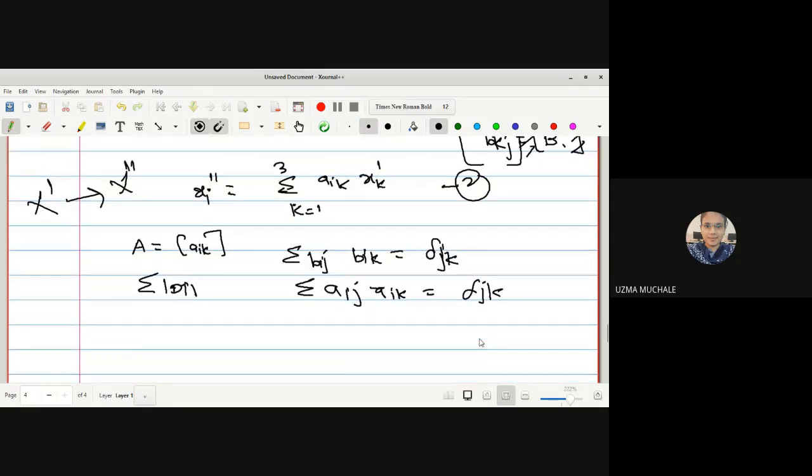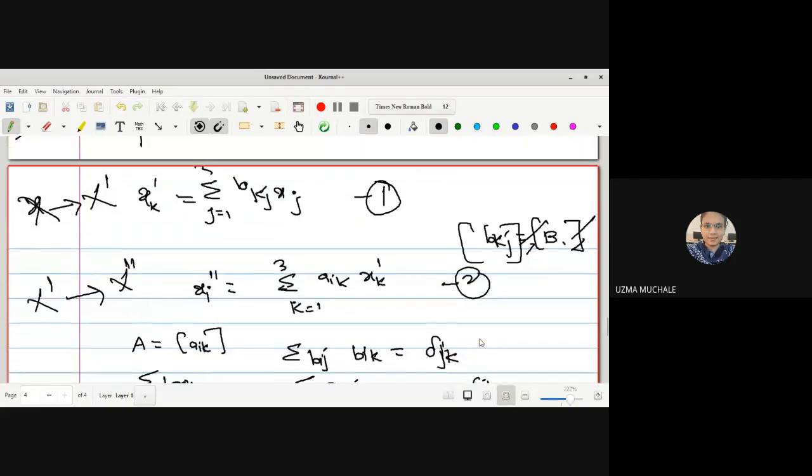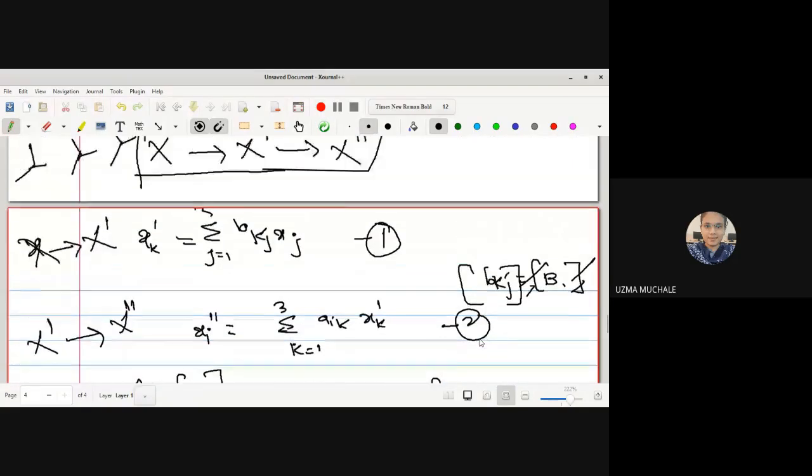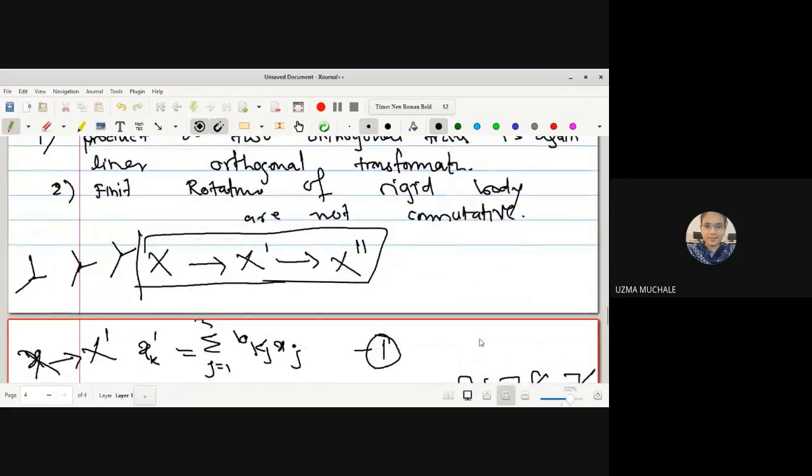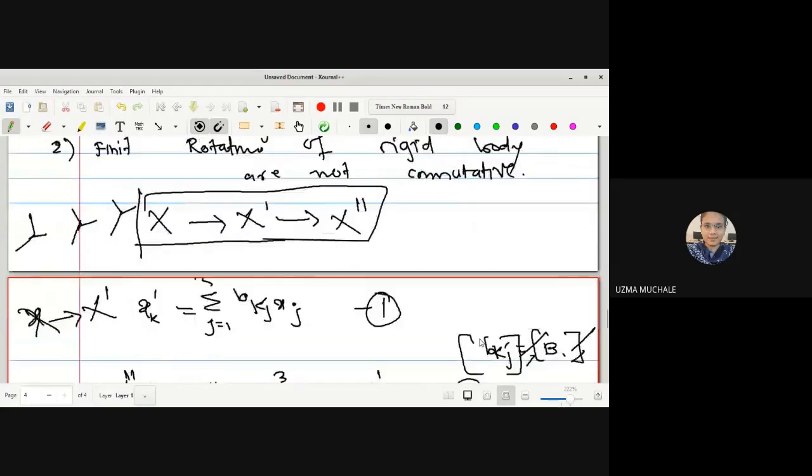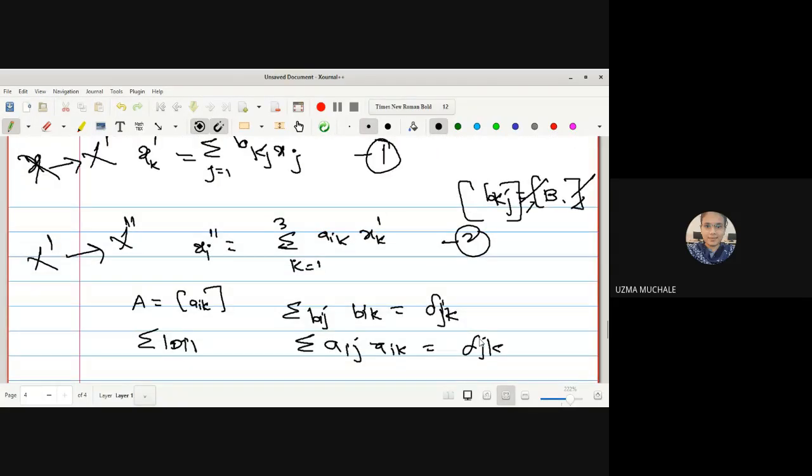Now putting equation 1 in 2, right? Here we have a formula for xk dash. This xk dash I have to put here and then we will evaluate. This will open up the product of transformations. We have to find out whether the product of two orthogonal transformations is an orthogonal transformation.